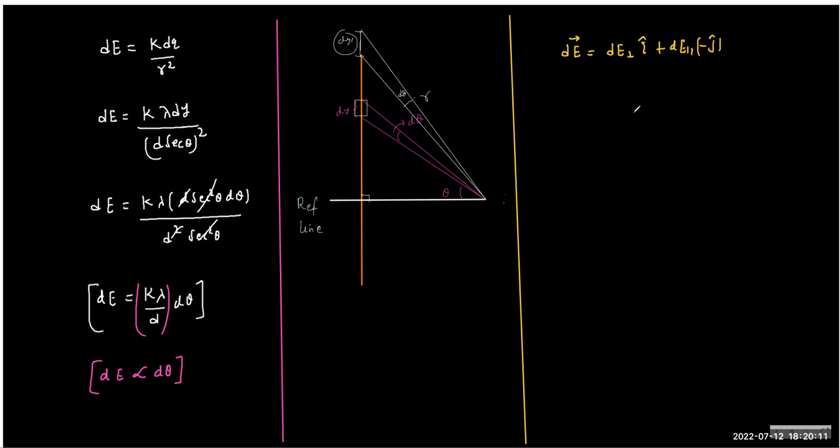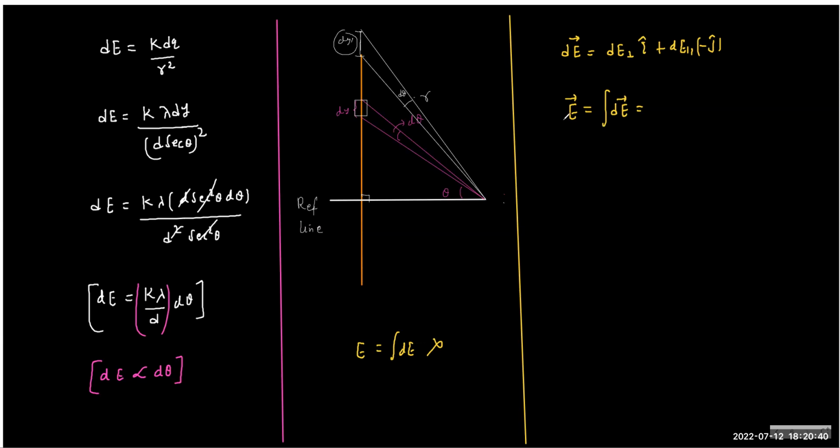Now it is up to you to either integrate dE separately. E is a vector, basically the integration of dE vector. We don't write E is the integration of dE. That's wrong. So once you get dE, don't do this, that E is the integration of dE. This is wrong. Why? E is a vector quantity. You cannot just integrate to expect to get the net answer. This is wrong, but this is right.